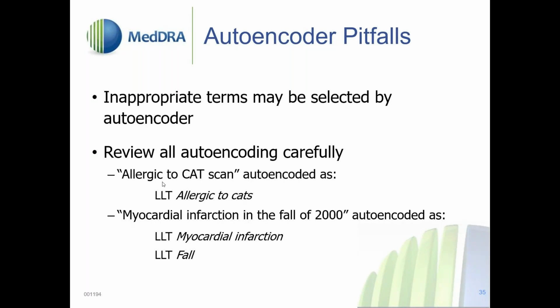And in the second example, a myocardial infarction in the fall of 2000 is reported. And this verbatim was split and autocoded to myocardial infarction and fall. And these are really real-life examples nicely demonstrating that a QC of autocoding output is definitely needed.